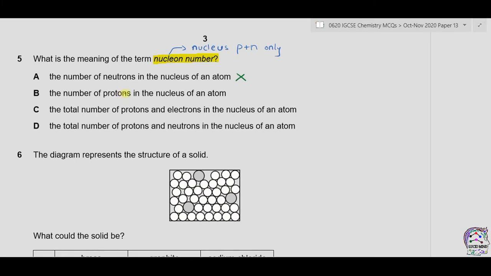As it is not only the protons but also neutrons, so B is incorrect. C. The total number of protons and electrons in the nucleus. As electrons are not present in the nucleus, C is incorrect. D. The total number of protons and neutrons in the nucleus of an atom. This is true because both are present in the nucleus and both combine to give the nucleon number. The answer is therefore D.